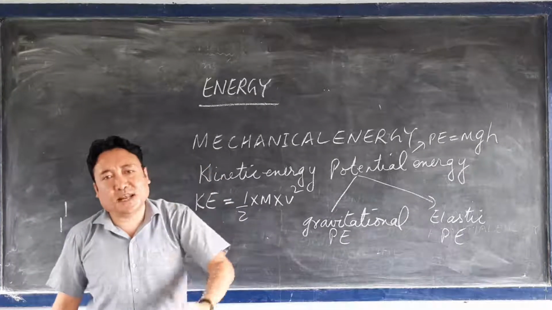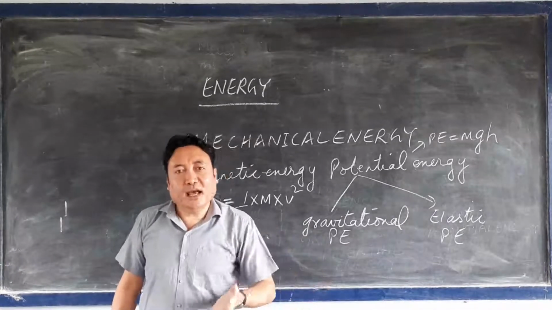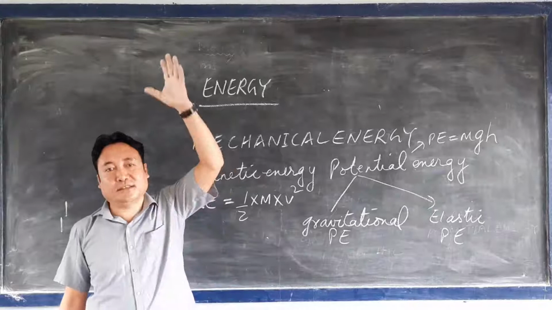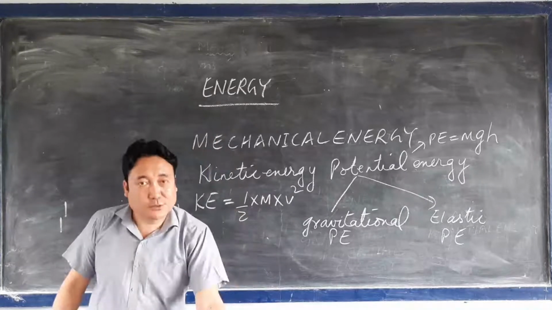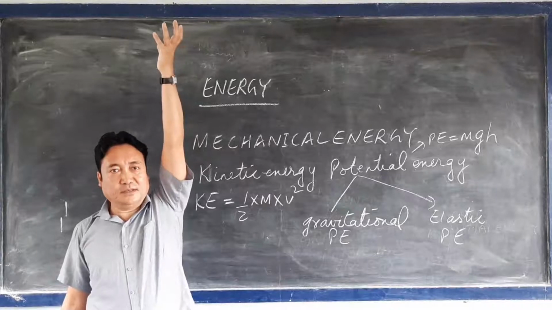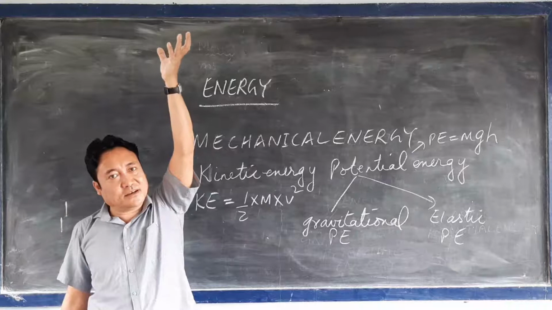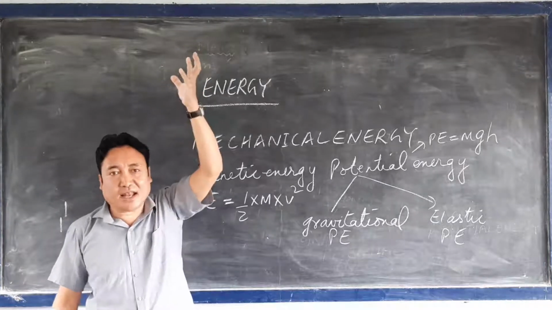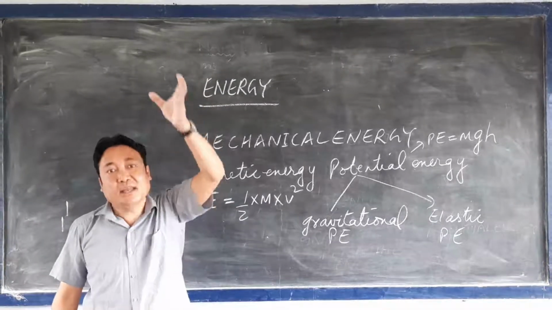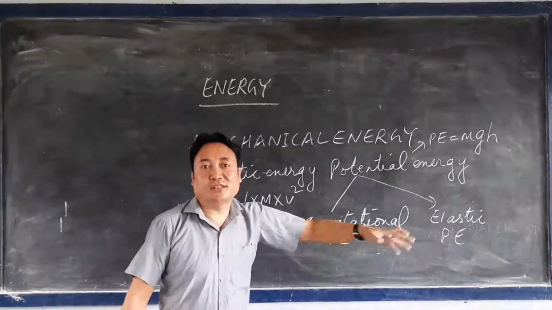That means any object, it can be a stone or anything else, when it is raised to a height, when you lift a stone and keep it on your hand and raise it up. Since the stone is in a state of rest, even though it is at rest, it possesses energy, and that energy is potential energy, which we call gravitational potential energy.